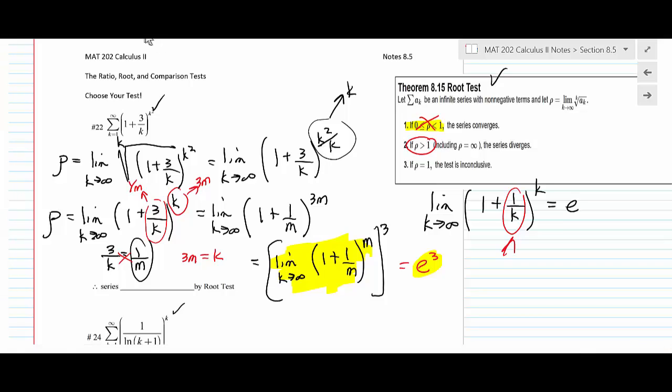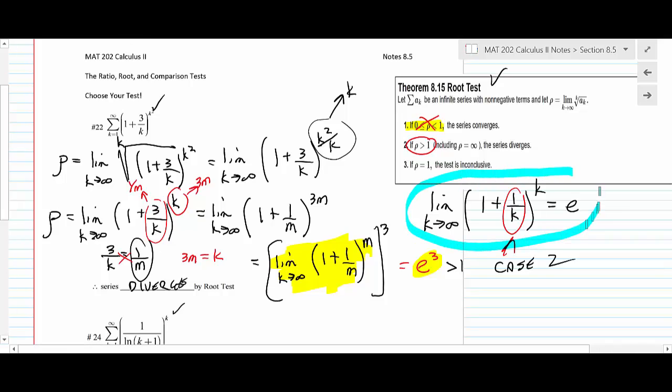So we would say, therefore, the series diverges by the root test, and that's because this is bigger than 1. So this is like case 2. Write that down if you want to. You don't have to state it that way, but it's good when you're writing your notes to know which case that went along with. It's a pretty good thing to know, because that does pop up every now and then.